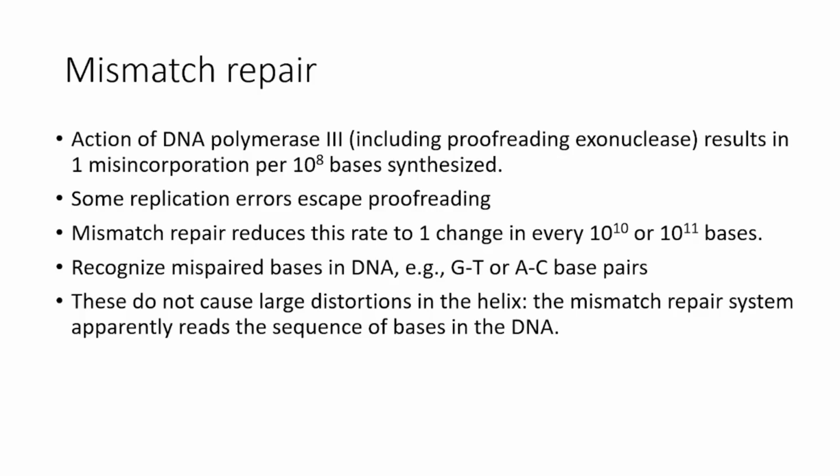However, mismatches can also be produced by other mechanisms, for example, by deamination of 5-methylcytosine to produce thymidine, improperly base paired to G. Regardless of the mechanism by which they are produced, mismatches can always be repaired by the mismatch repair system.